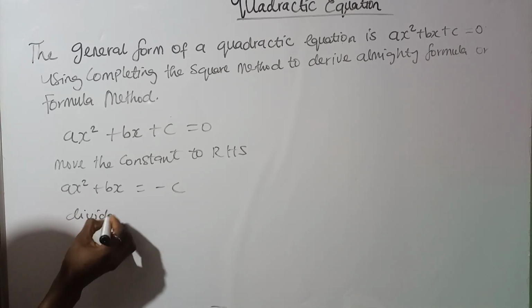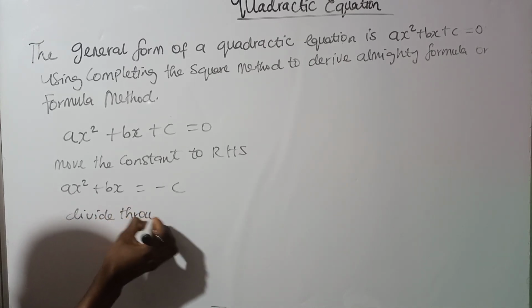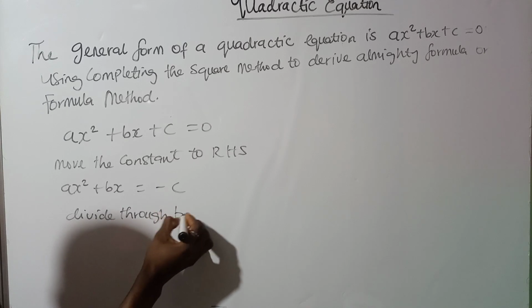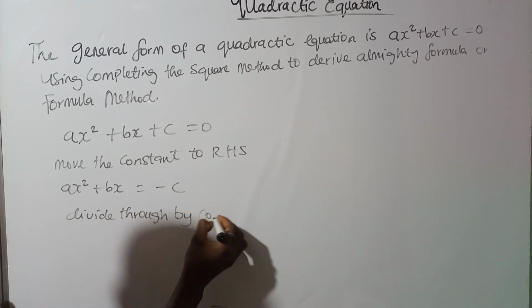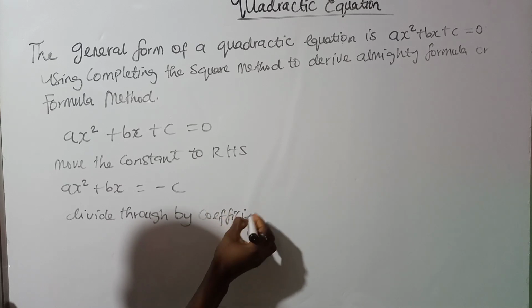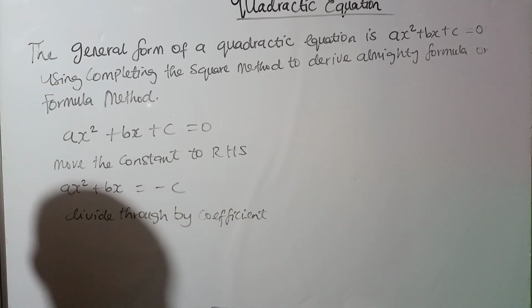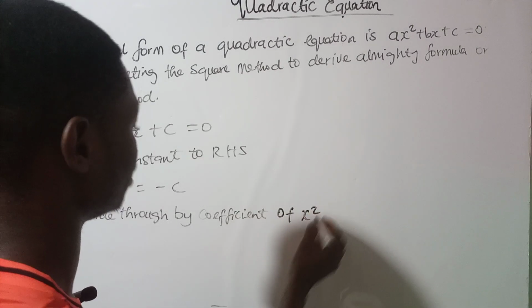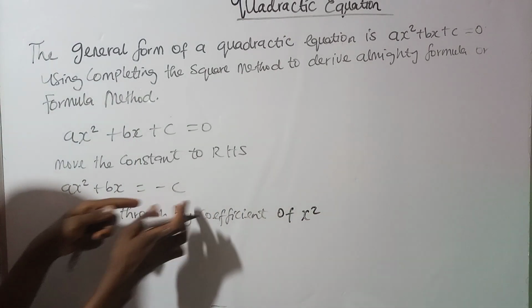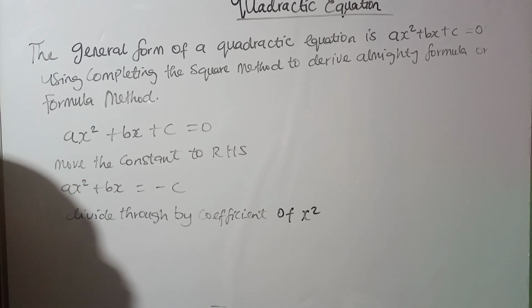When we do this, we are going to divide through by the coefficient of x squared. Why are we dividing through by the coefficient of x squared? To make this x squared unity.